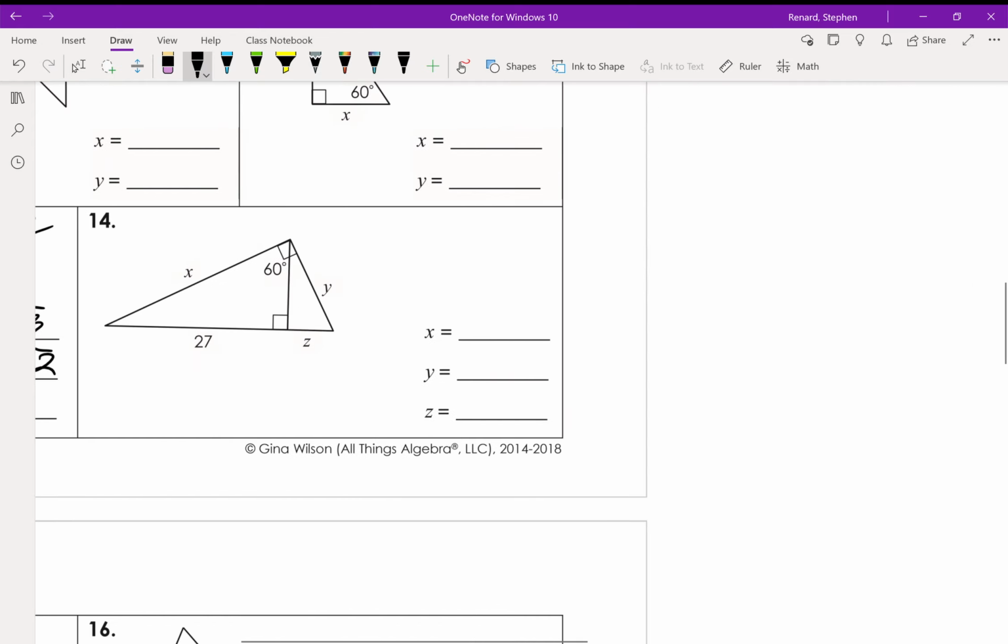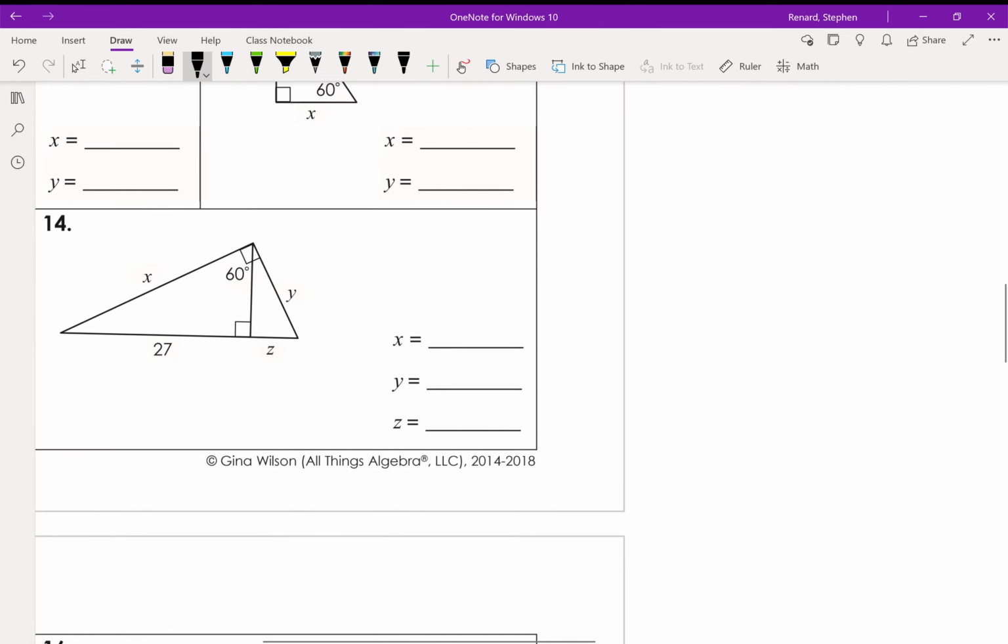For number 14, I'm going to start here because that's the number I get. Let's fill out this 30, 60, 90 triangle. It's important to realize that this right here is my 90-degree angle for this triangle, even though this is a 90-degree angle.